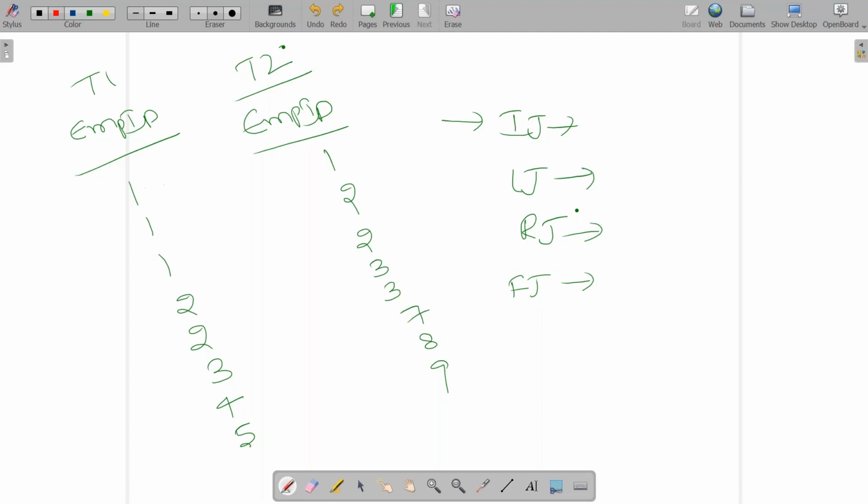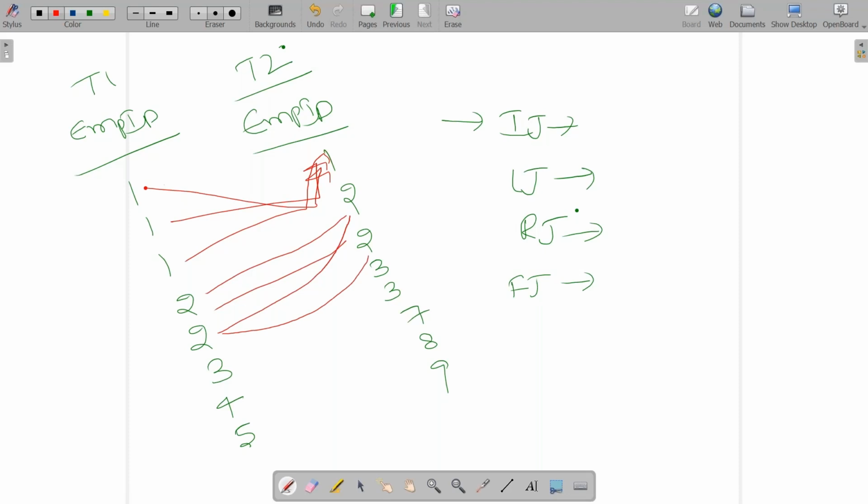Now this one is matching, this one is matching, this one also matching. 3, 2, 2. Again 2 is multiplying. 3.